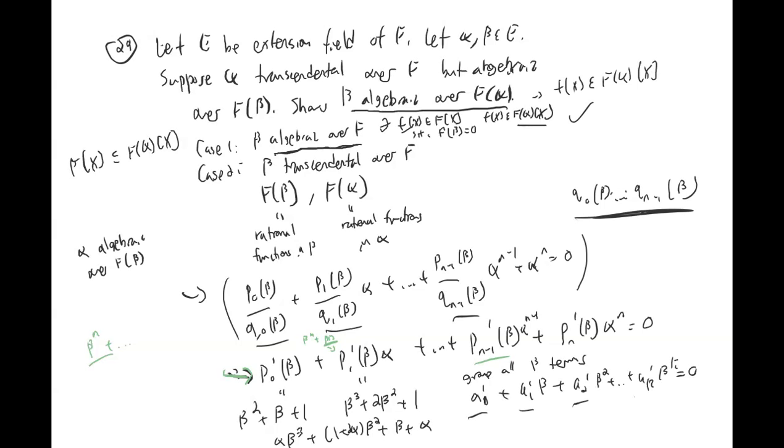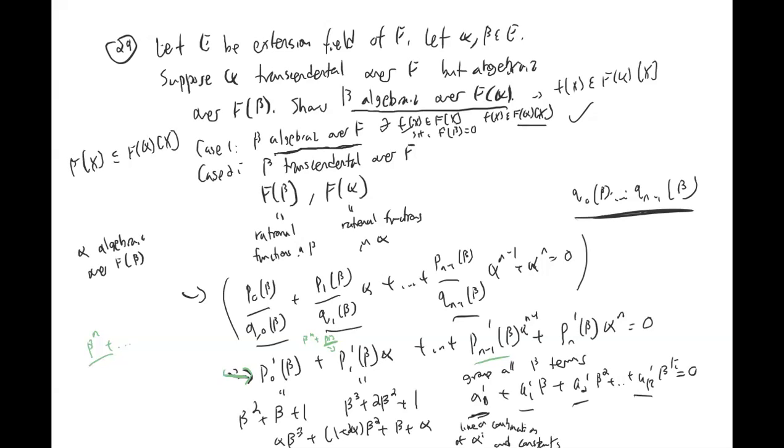These just have constants, linear combinations of constants and alphas, right? So this is a linear combination of stuff of the form alpha to the i, and constants.